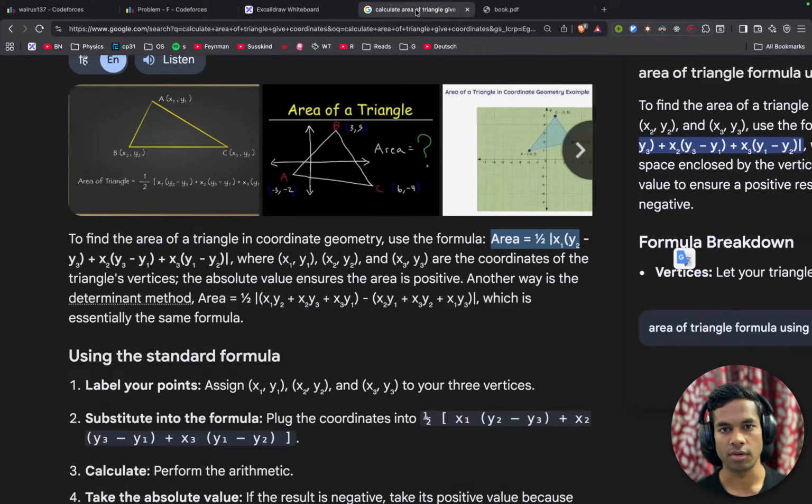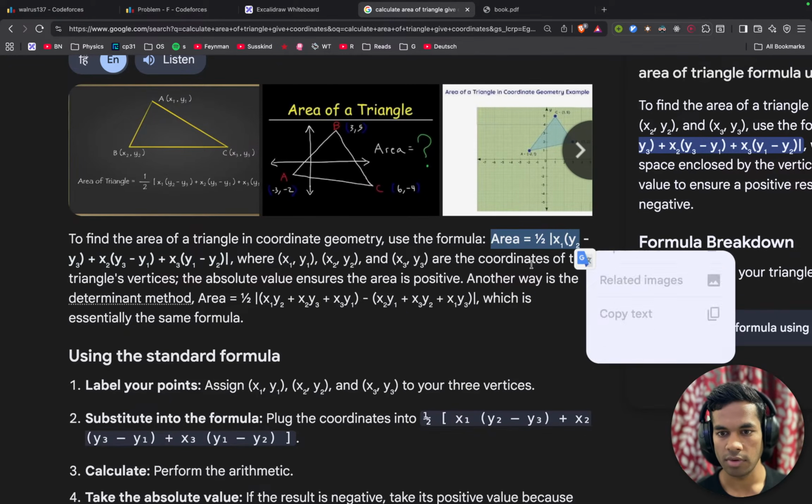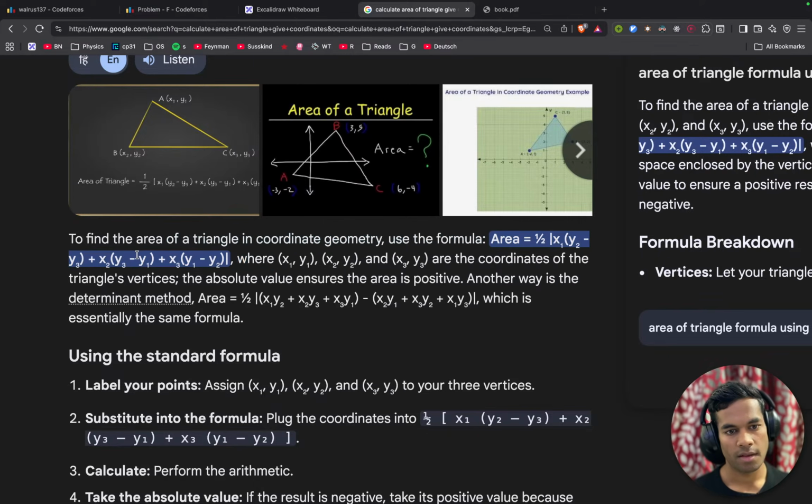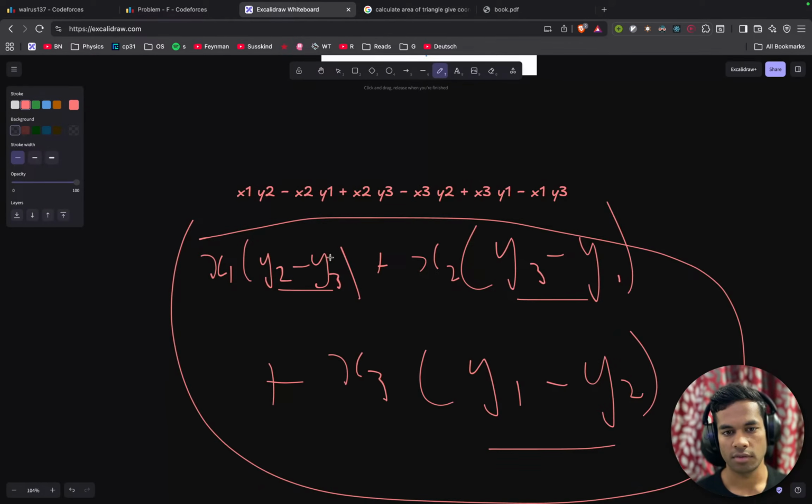This gives us the answer apparently, but here we are doing half, so this does not generalize.